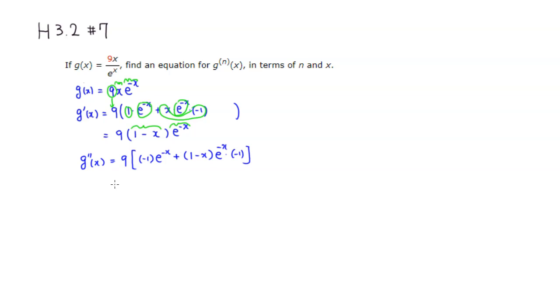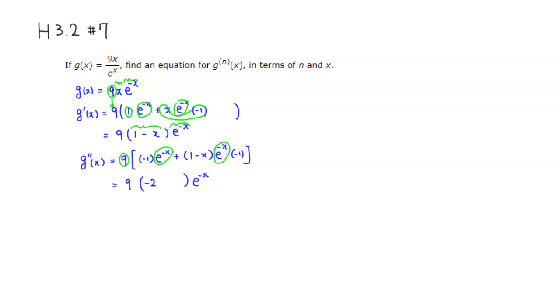If we clean it up, we have 9, and then we can pull out the e to the negative x and the e to the negative x. So we put e to the negative x out here. Then we combine them. This is going to be negative 1 minus 1, so negative 2.